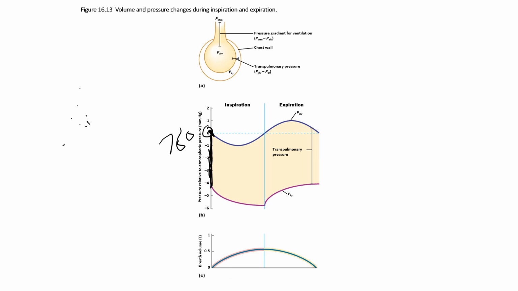That's why the purple line, which denotes intrapleural pressure, is at -4, because it starts off 4 millimeters of mercury less than atmospheric pressure. So it's at 756. That's where that comes from to start off with. Now, what happens when we begin to inhale?